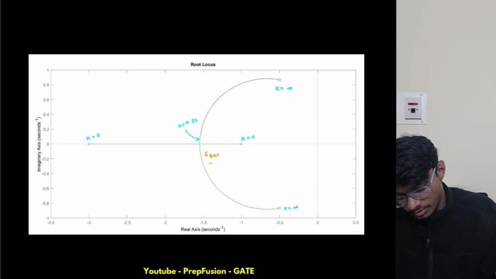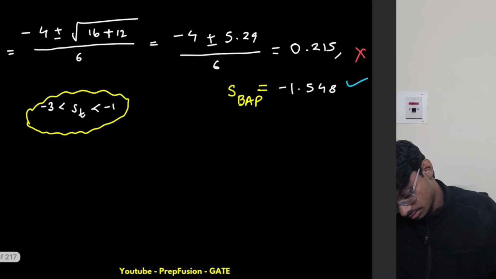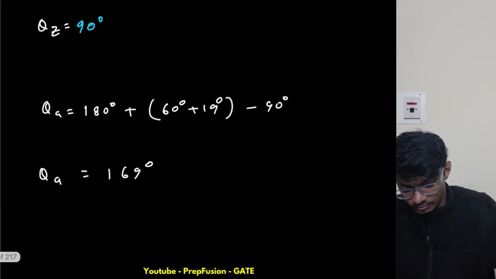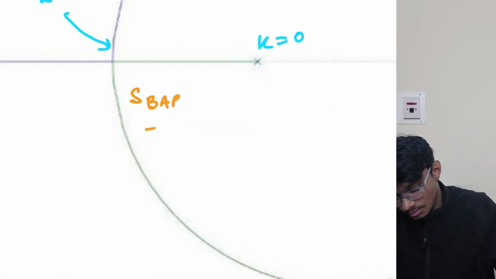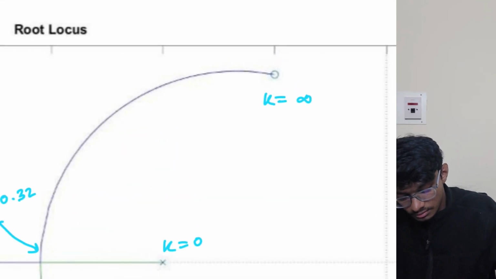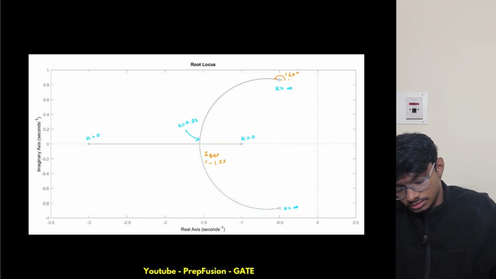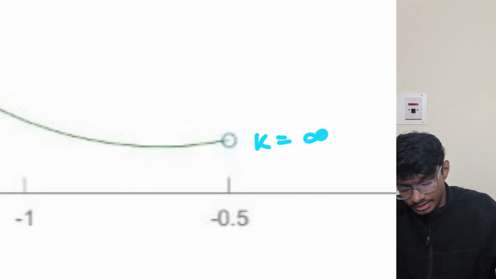So the breakaway point was at what location? Angle of arrival I have to also write. It was at minus 1.55. And what is the angle? The angle of arrival from the x-axis is 169 degrees, and the opposite one will be simply minus 169.